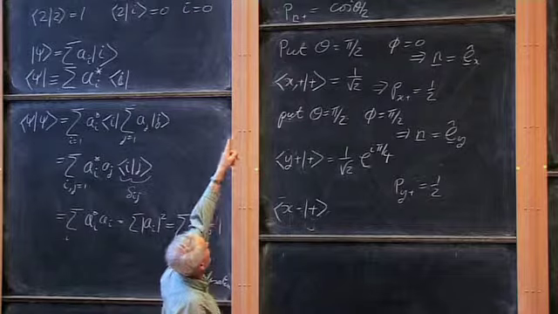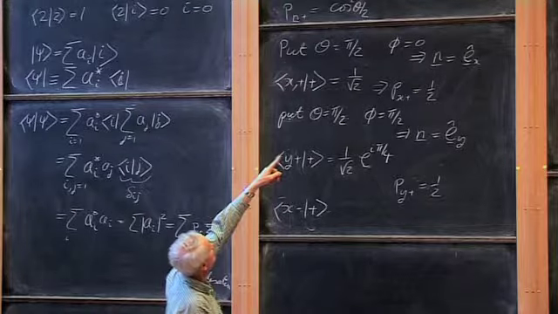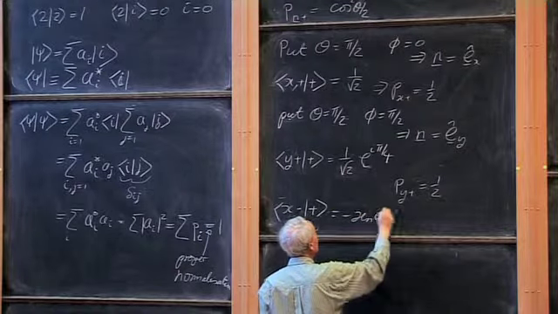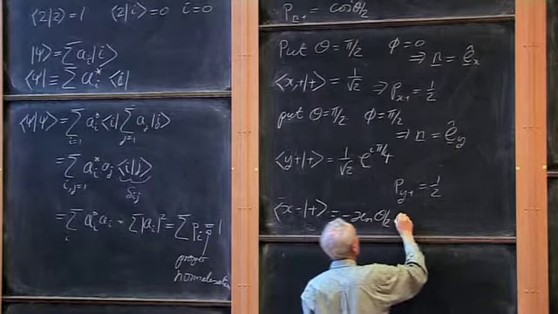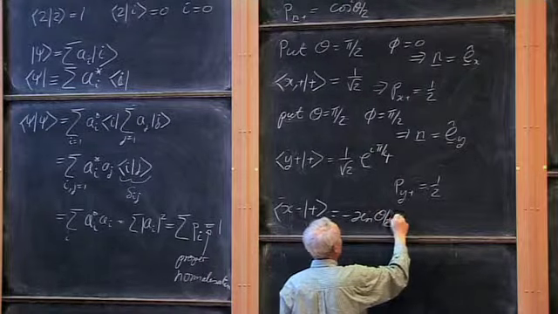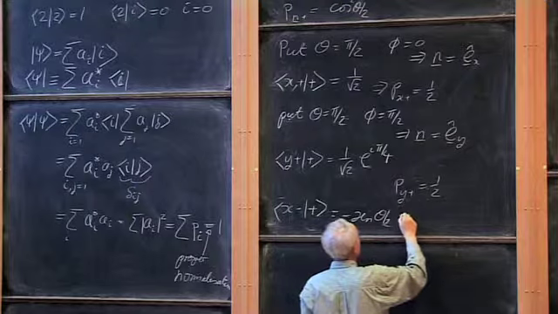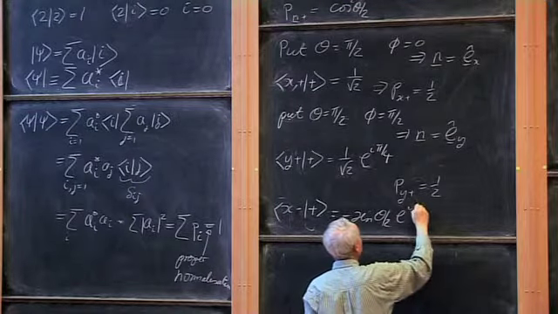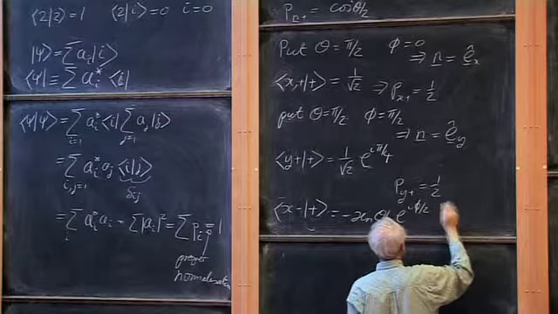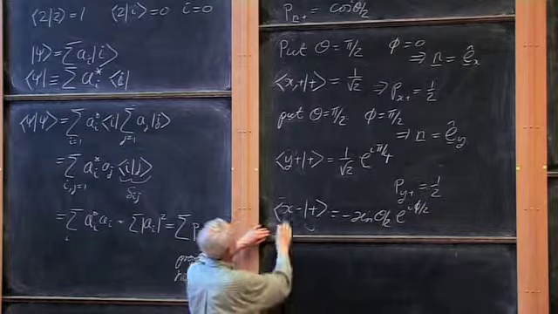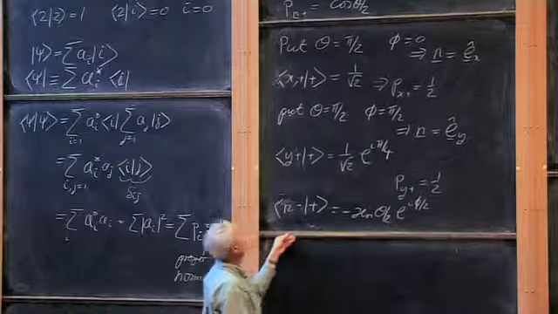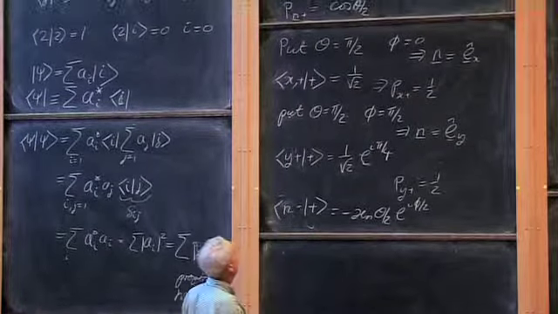So then we have to take that n minus thing and bang it into plus, and what survives is the minus sine theta over 2, well, strictly speaking, e to the i stuff, but that's, well, e to the i phi over 2. That's it. Actually, let's just make this n minus, right? Then now I can, from this formula, deduce the x and the y ones, which is what I want to do.